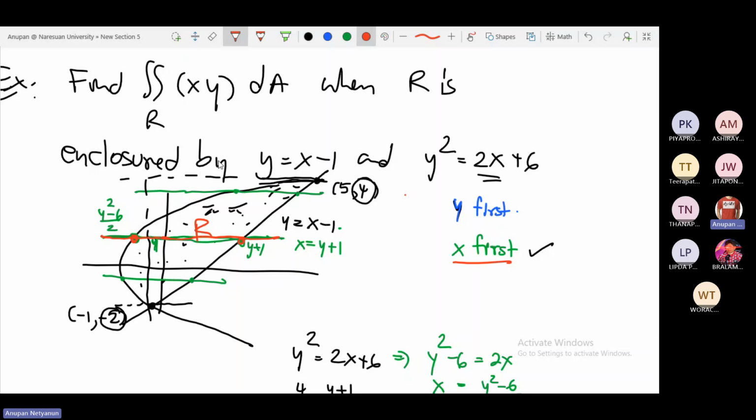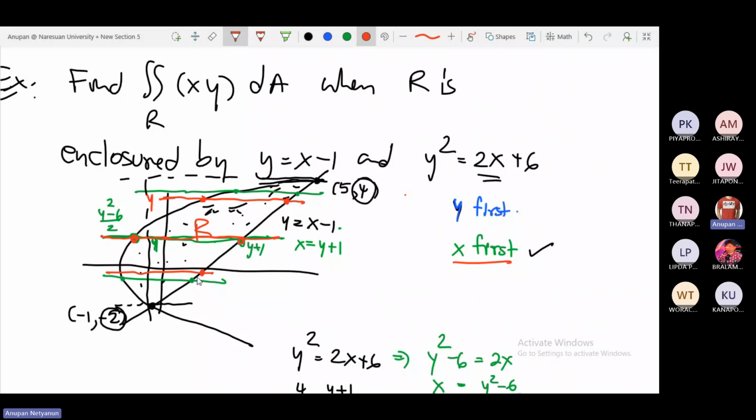If you test any particular constant y, you can see the same pattern: the right point is the point on the line, and the left point is the point on the parabola. Same thing over here.